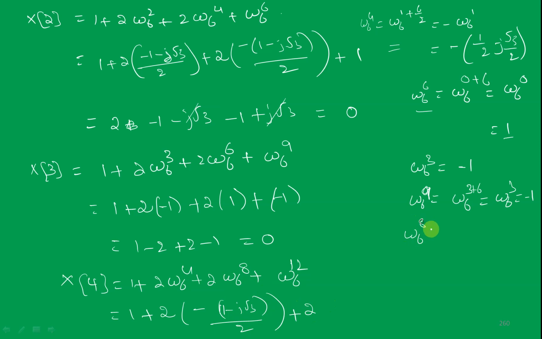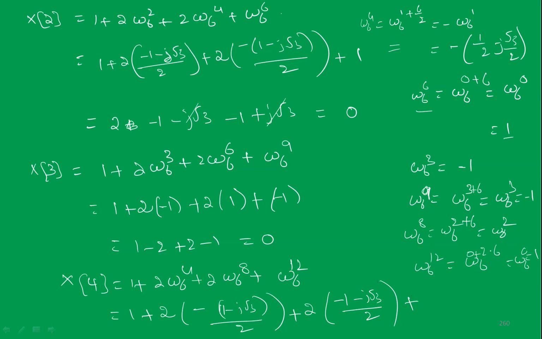W6 power 8 means W6 power 2 plus 6, that is equal to W6 power 2, which is minus 1 minus j root 3 by 2. Plus W6 power 12. 12 means 2 into 6 plus 0, W6 power 0 means 1. If you simplify this, 1 plus 1 is 2, the minus 1 and minus 2 cancel, plus j root 3 minus j root 3, you get the value 0.